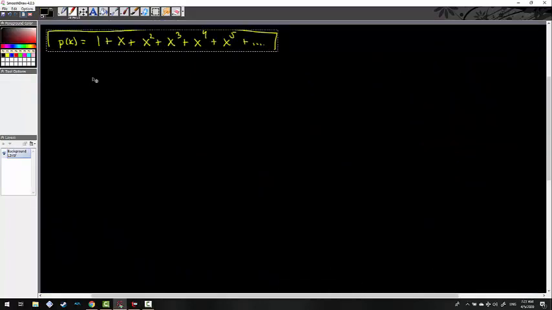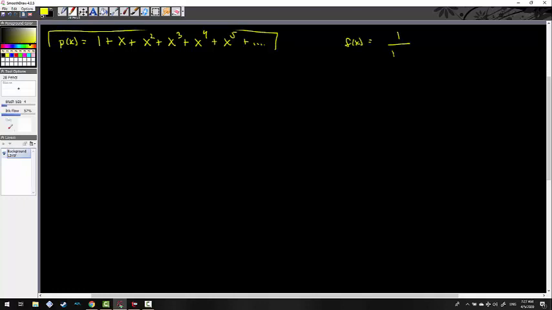Alright, this is where we left off in the problem. We have our polynomial representation of f of x is equal to 1 over 1 minus x. If you look at this polynomial right here, there should be something that stands out to you. It's a summation, right?